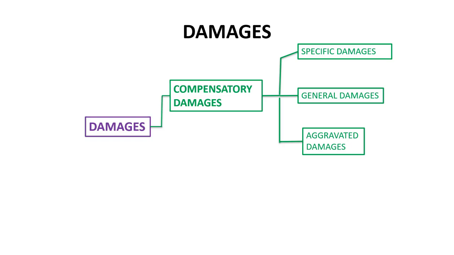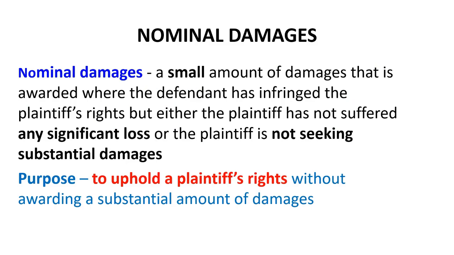The first of these types of damages is nominal damages. Nominal damages are a small amount of damages that is awarded where the defendant has infringed the plaintiff's rights, but either the plaintiff has not suffered any significant loss or the plaintiff is not seeking substantial damages.